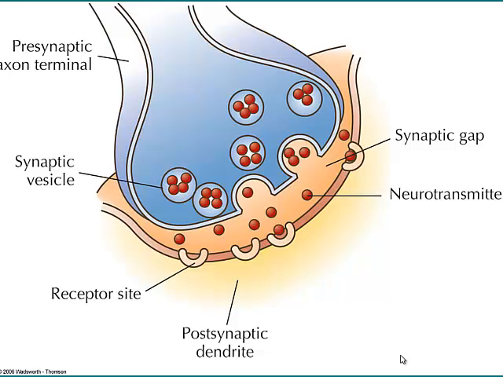What happens is that as an electrical stimulation comes down the axon, at the end of the axon there are all of these little sacs. They're called vesicles, synaptic vesicles. Each one of these sacs has neurochemicals in it. And there are many different types of neurochemicals, twenty-something different types.